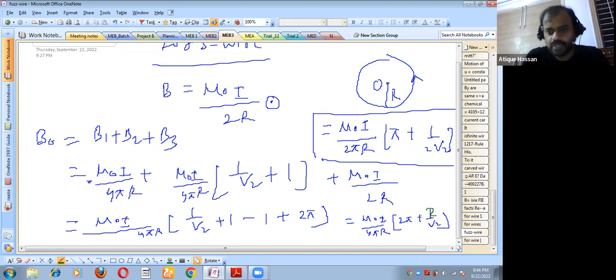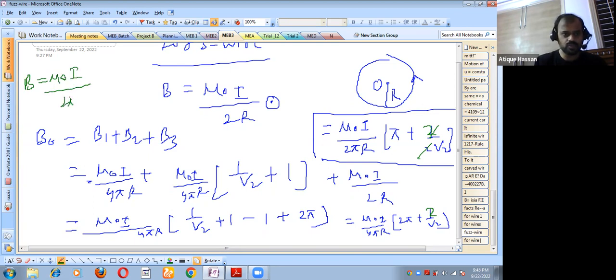Getting my point? The 1 by root 2 term will come twice. Understood? Since we are adding the sine 45 term, we will get the net field as 2 by root 2, right? So 2 and 2 will be cancelled out and we will get the magnetic field as mu naught I by 2 pi r and we will get pi plus 1 by root.